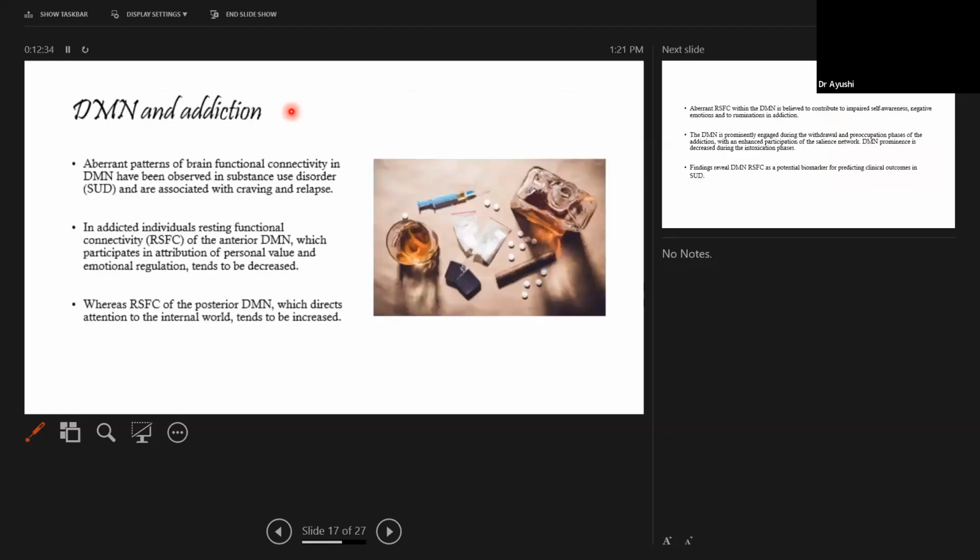Now, default mode network and addiction. Aberrant patterns of brain functional connectivity in the DMN have been observed in substance use disorder and are associated with craving and relapse. In addicted individuals, the resting functional connectivity of the anterior DMN, which participates in attribution of personal value and emotional regulation, is reduced, and the posterior DMN is increased.